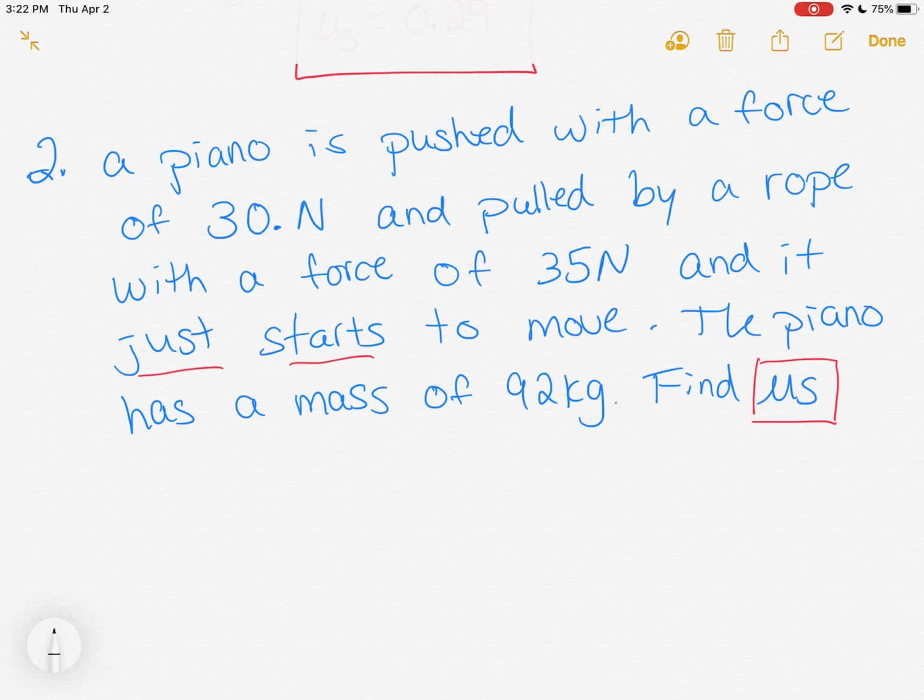Okay, so we're going to start with a free body diagram. We should never start a forces question without thinking about a free body diagram. So we have this piano. It's being pushed with a force of 30 newtons, and it's being pulled with a force of 35, and it's just starting to move. So I know my piano must be sitting on the floor, so it's got an Fn. I know it has a mass, so it's got an Fg.